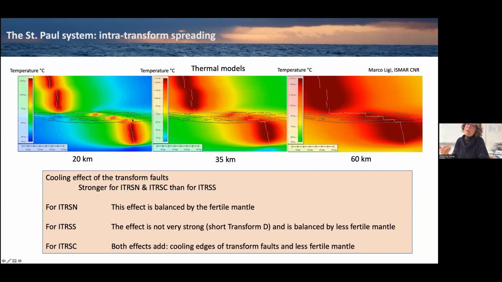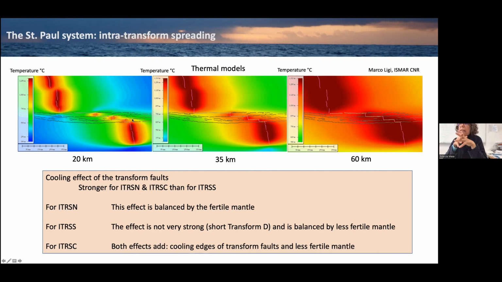In the south segment, the cold edge effect is not very strong, but it's balanced by the fact that we have a less fertile mantle. So we have a spreading that is dominated by tectonics, but we still have a lot of gabbro there. We still have core complexes, and something that shows there is still some magmatism going on there.